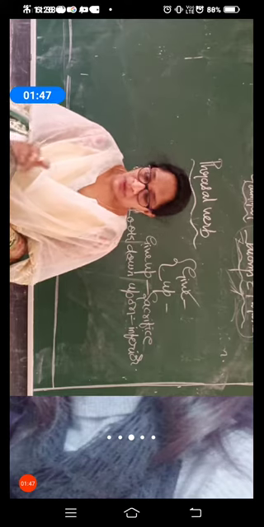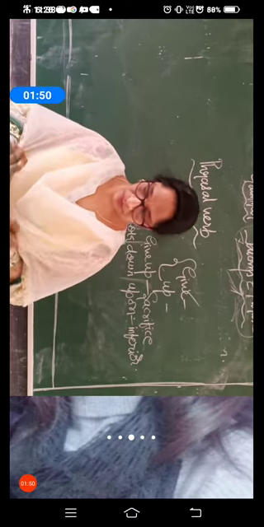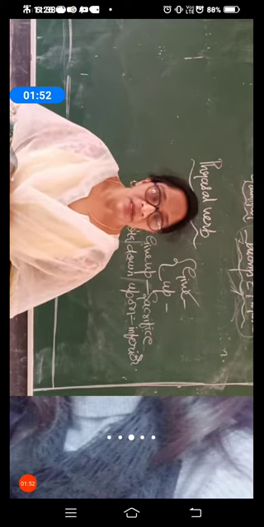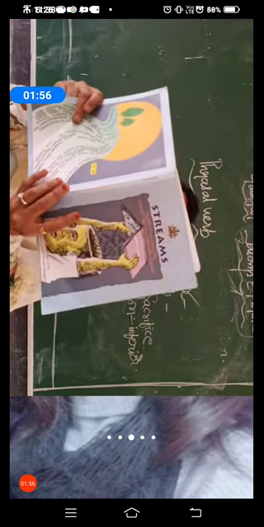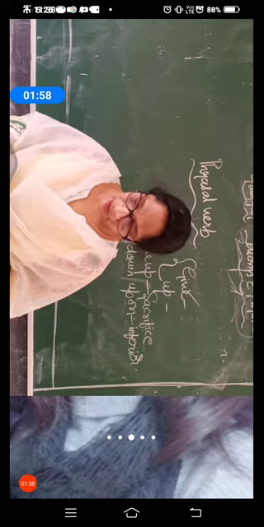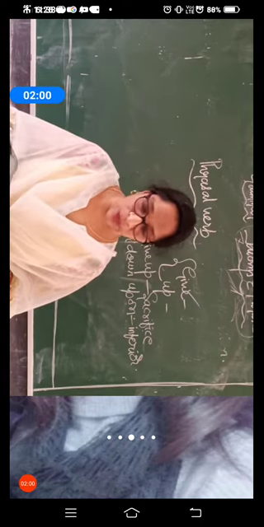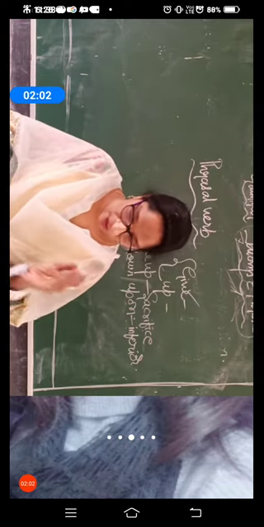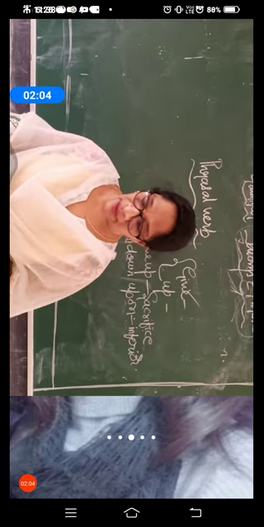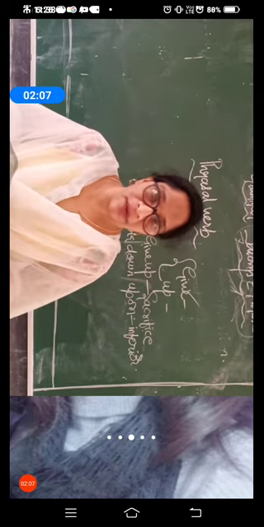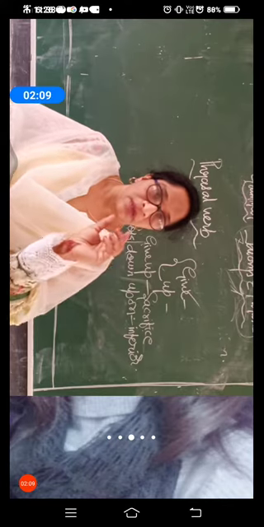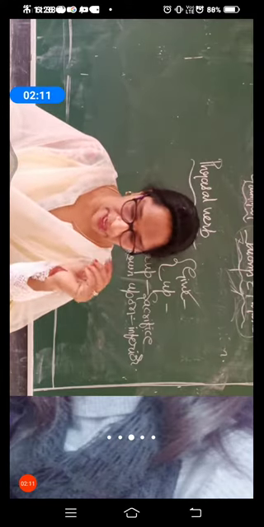Okay? So we have discussed some of the examples given in your streams, on page 17 that you can see, and now on page 18 I am going to read some of the idioms and phrases that are given here.